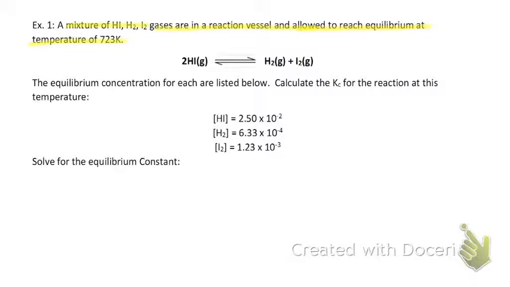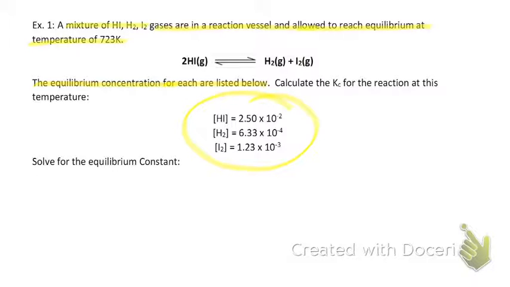All right? Now, the problem says the equilibrium concentrations are listed below. Okay? So that means that right here are the concentrations of the reactants and products when equilibrium has been established. This is not the starting reactant or product concentrations.